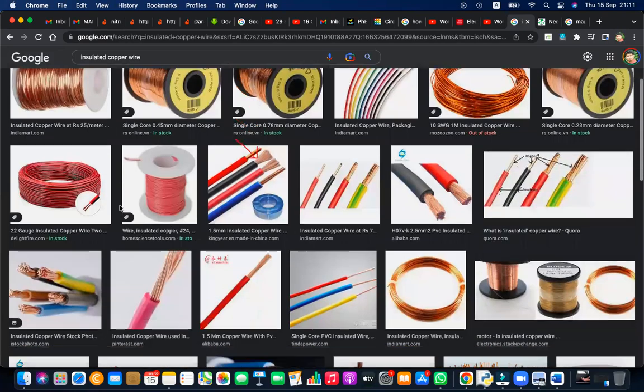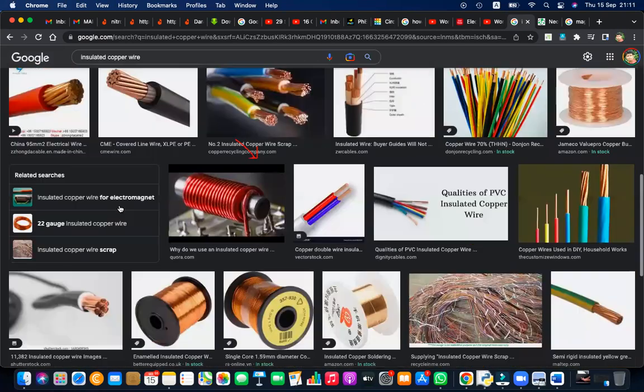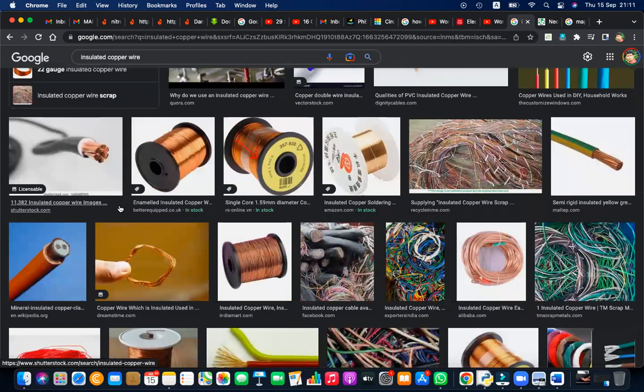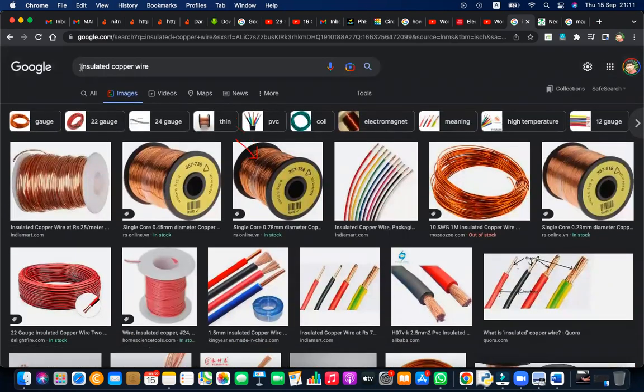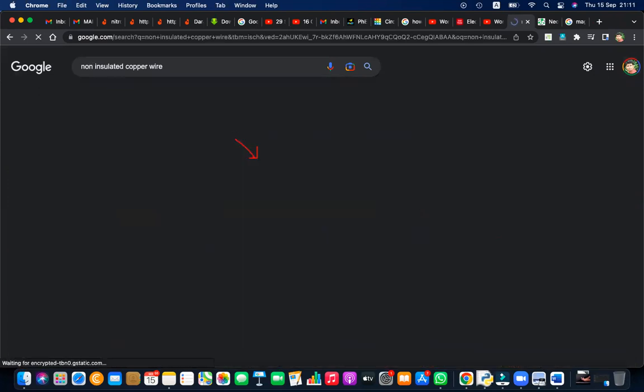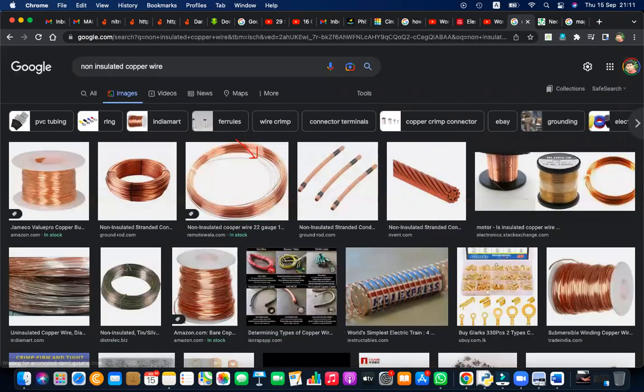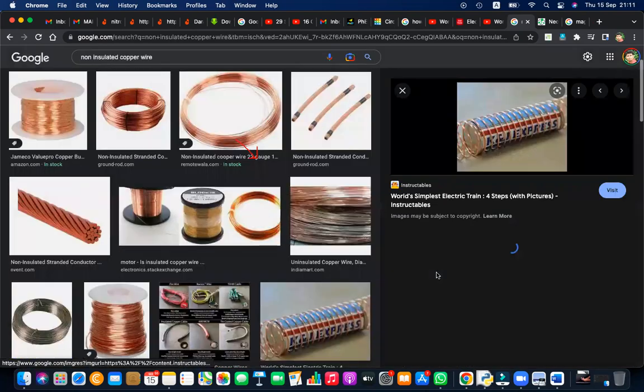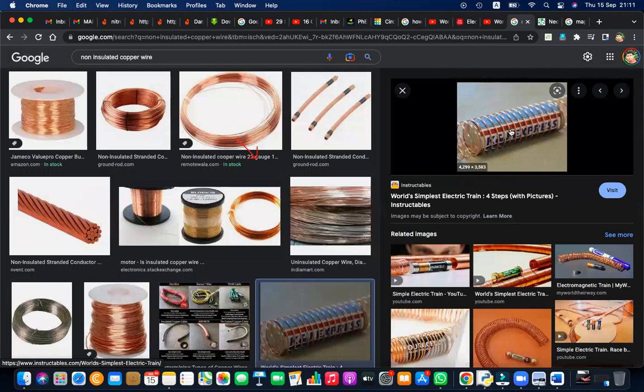You have to scratch it, maybe use sandpaper. So you have to get non-insulated wire, either an uninsulated wire, or take an insulated wire and remove the enamel.